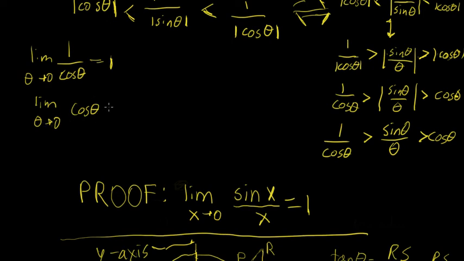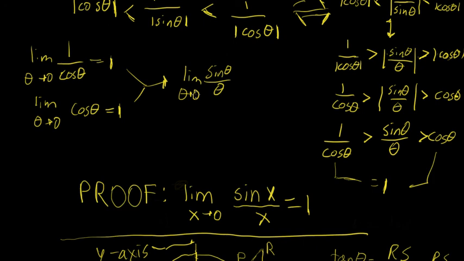As theta gets close to 0, cosine of theta just gets close to 1 as well. So that limit's 1 as well. Since the limits of these two functions are equal to 1, then the limit as theta approaches 0 of sine theta over theta is also equal to 1.